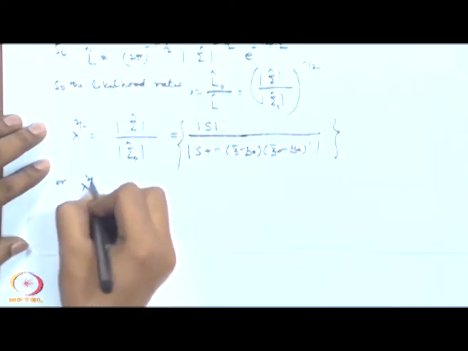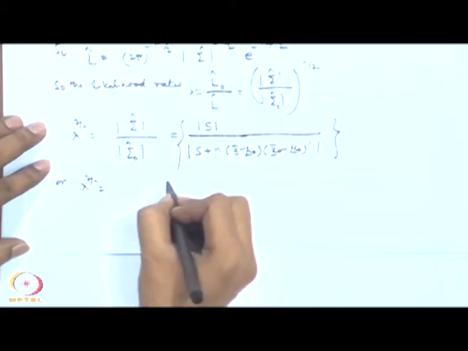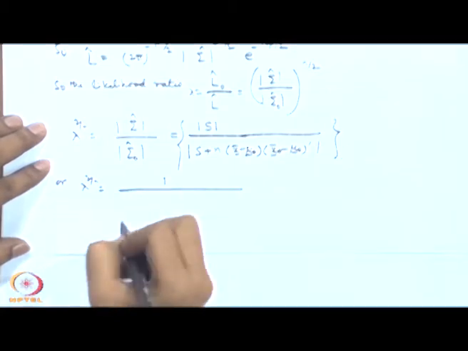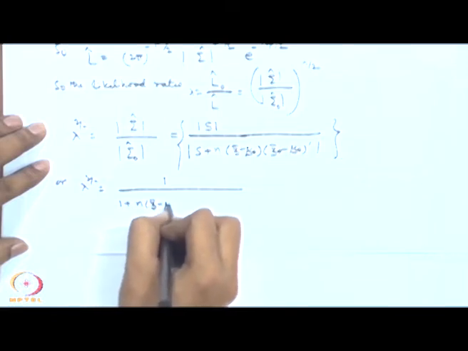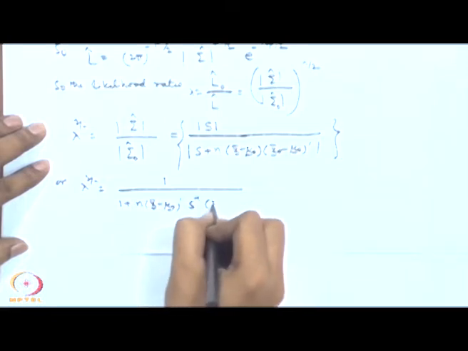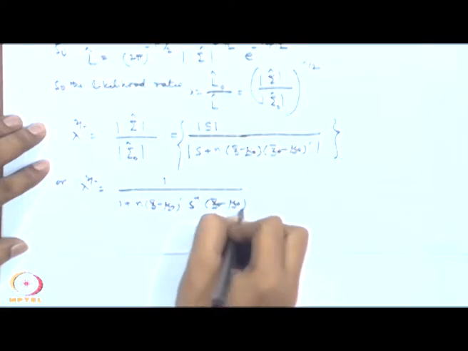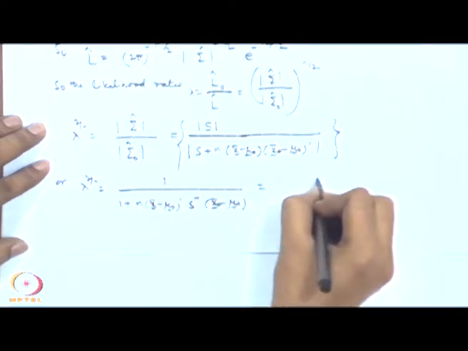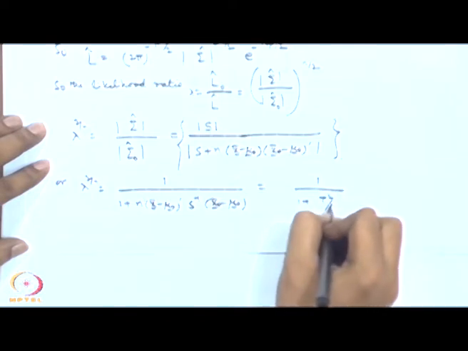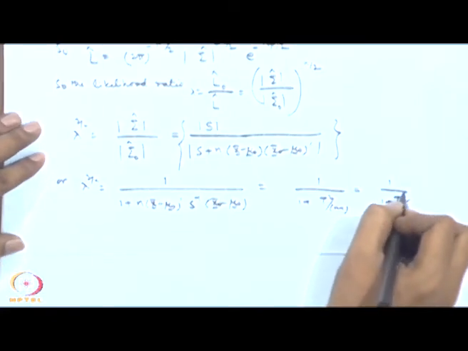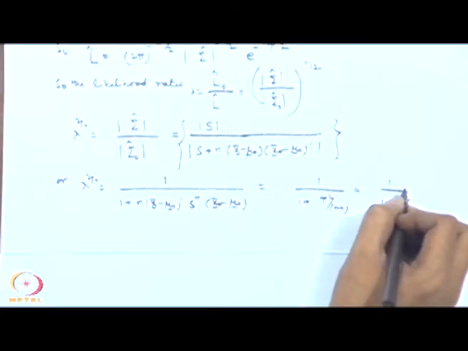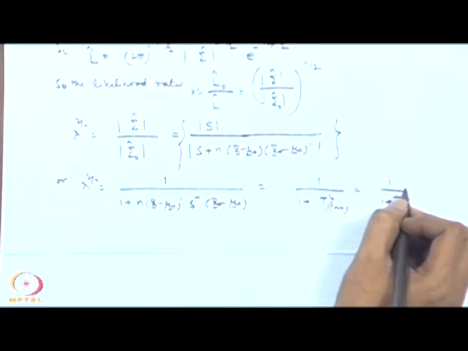Or we can consider lambda to the power 2 by n equal to 1 by 1 plus n (x bar minus mu naught) prime S inverse (x bar minus mu naught), which is nothing but 1 by 1 plus T square by n minus 1, that is 1 by 1 plus T square by k. This T square by k term I introduced in the last class, which is coming from the Hotelling's T square distribution.